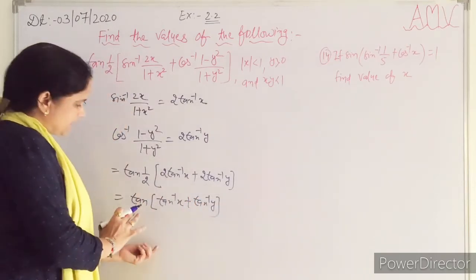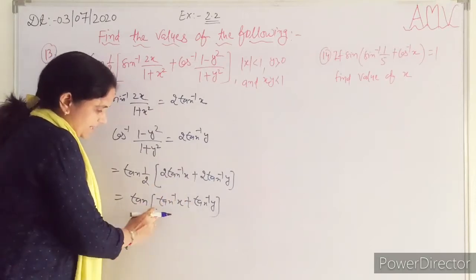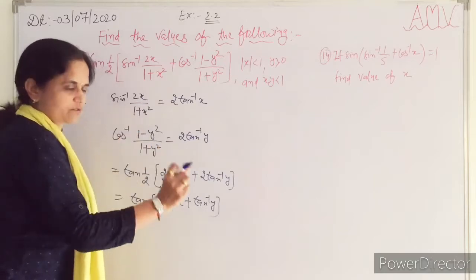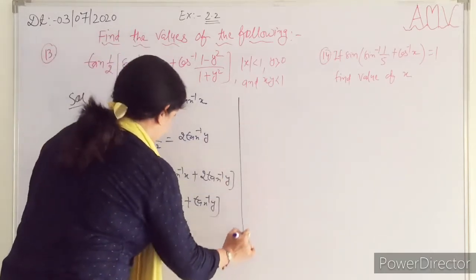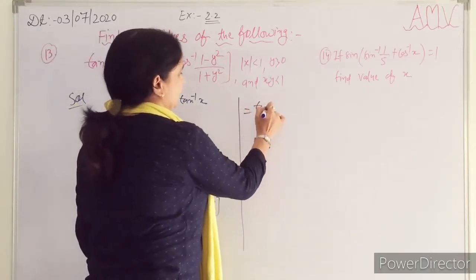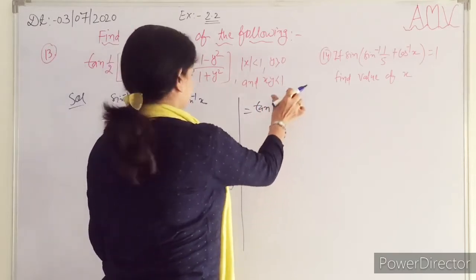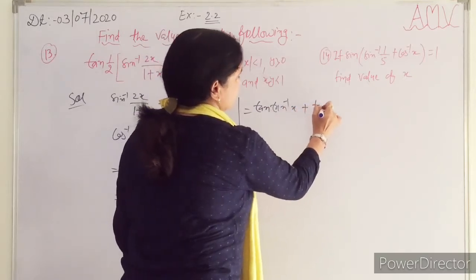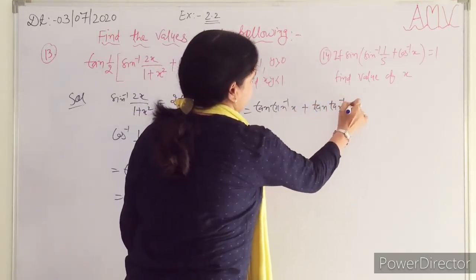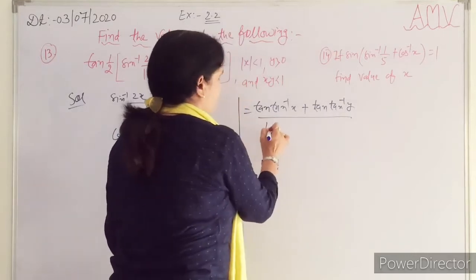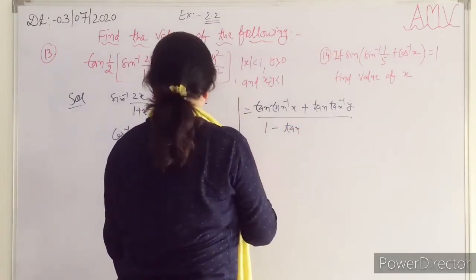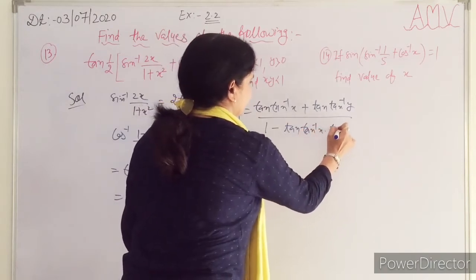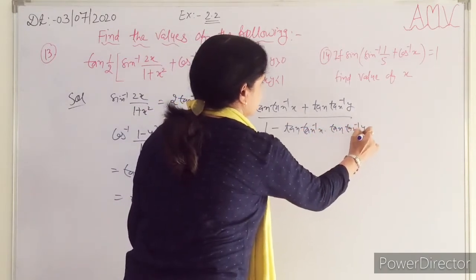And now expand this according to the formula tan a plus b. Here in place of a is tan inverse x and in place of b is tan inverse y. So we will get tan inverse x plus tan inverse y over 1 minus tan inverse x tan inverse y.